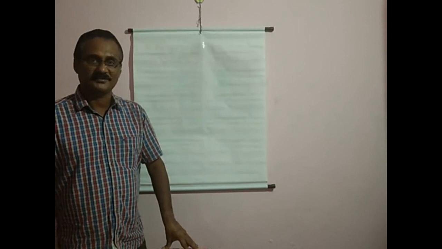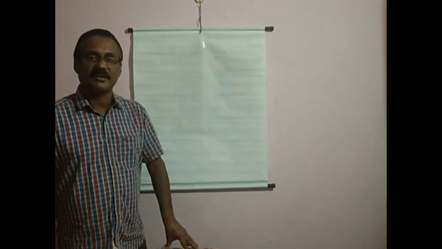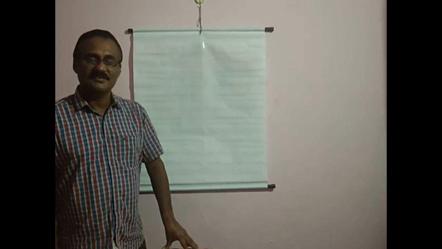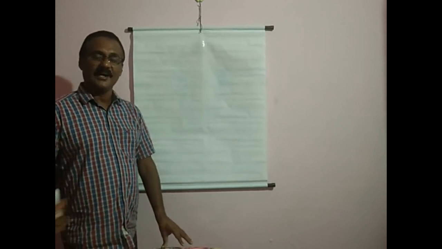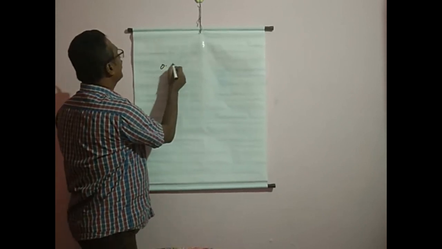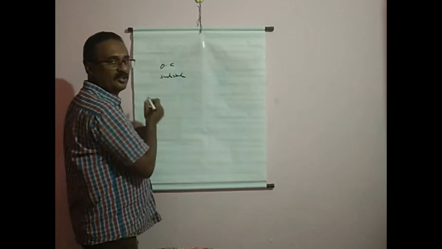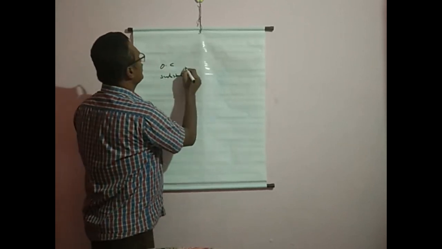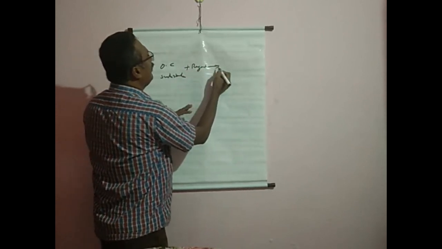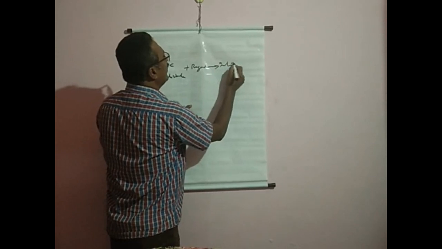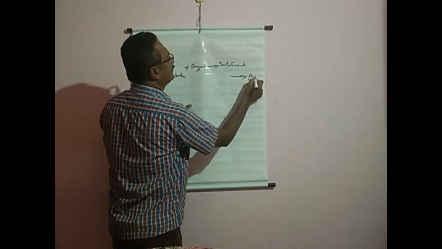I am Biju Pita. Today we are going to discuss the fundamental concepts of organic reaction mechanisms. This is for beginners. An organic reaction means an organic compound, generally called the substrate, reacts with the reagent to form an intermediate, followed by the product.